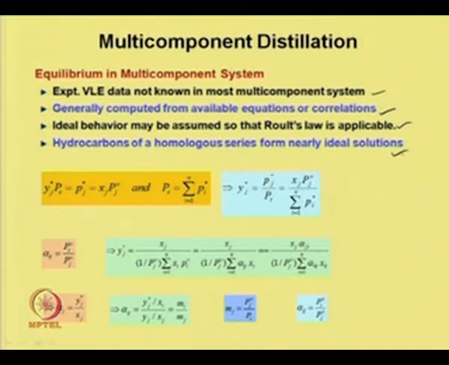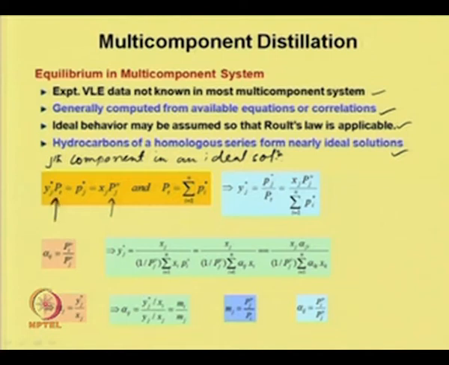Now, for the jth component in an ideal solution, we can write Yj star Pt is equal to Pj star is equal to Xj Pjv, where Xj is the mole fraction in the liquid phase, Pjv is the vapor pressure of component j at a given temperature, and Pt is the total pressure.